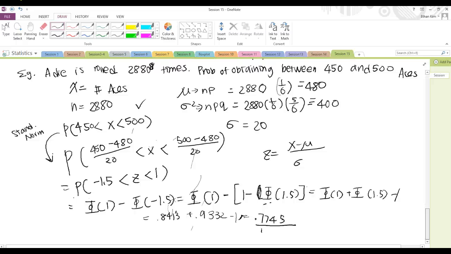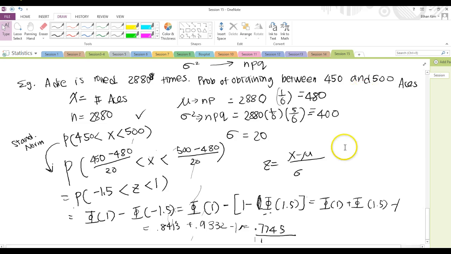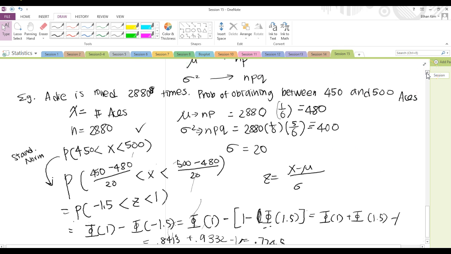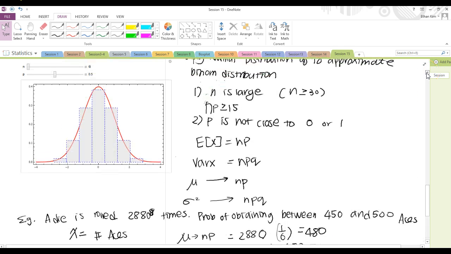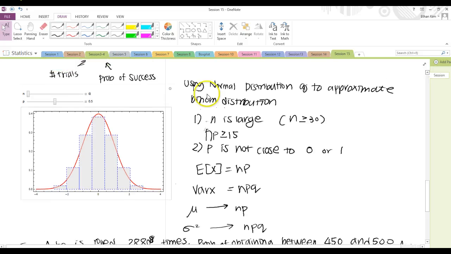Notice that this is the standardized normal because we have mu equal to 0.